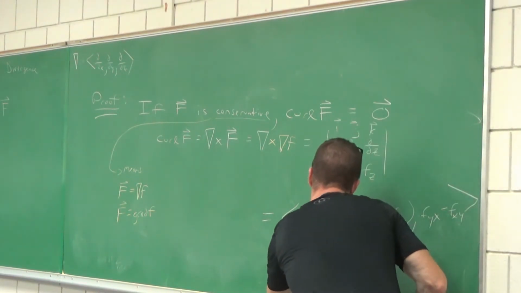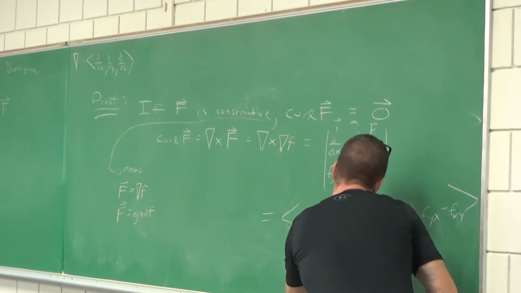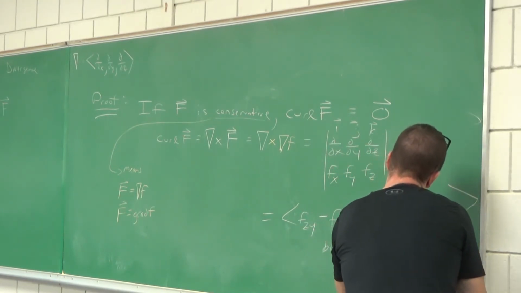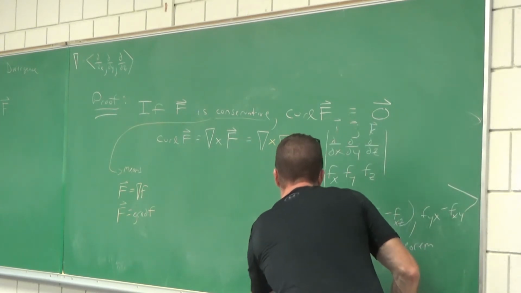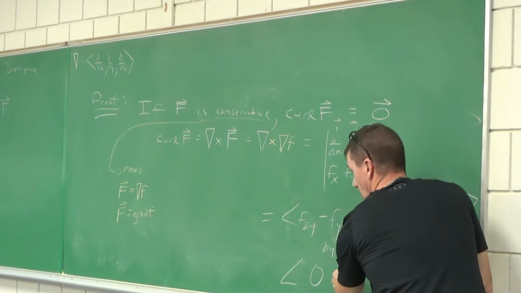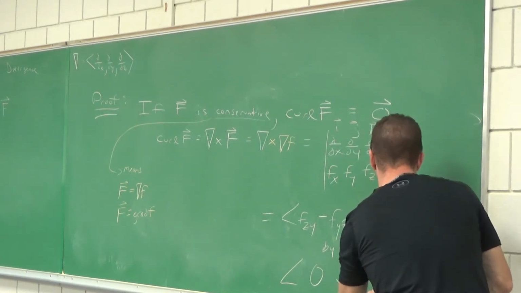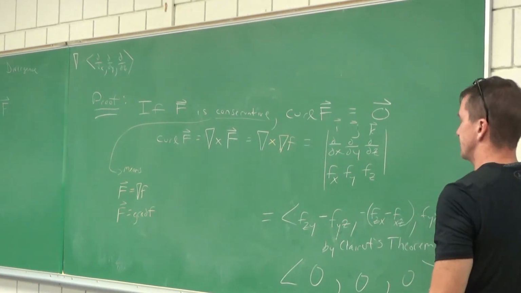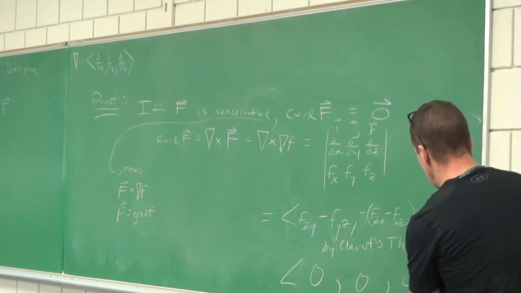And by Clairaut's theorem, there you go. What do you get? This is what? 0. What's that? Negative 0, which is 0, and this is what? 0. We proved it. Here we can put a QED.